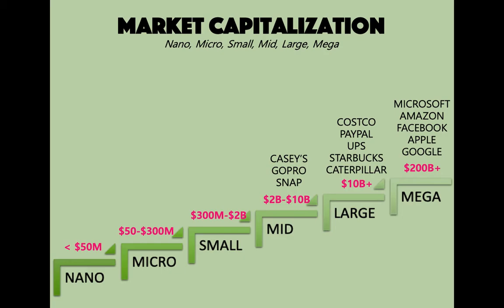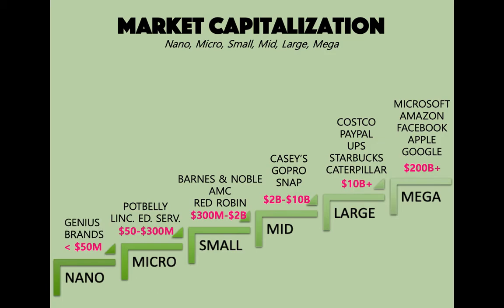Mid cap, Casey's General Stores, GoPro, Snap, which is the public company that produces or maintains Snapchat, social media. Small cap, Barnes & Noble booksellers, AMC theaters, Red Robin gourmet burgers. Micro cap, Potbelly, Lincoln Educational Services, and then nano cap, Genius Brands.